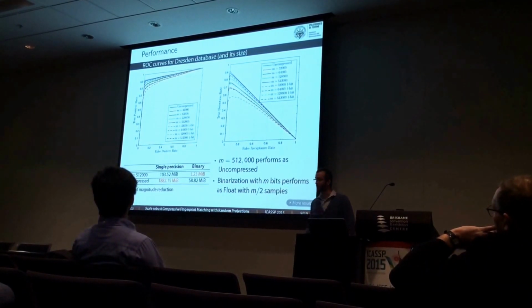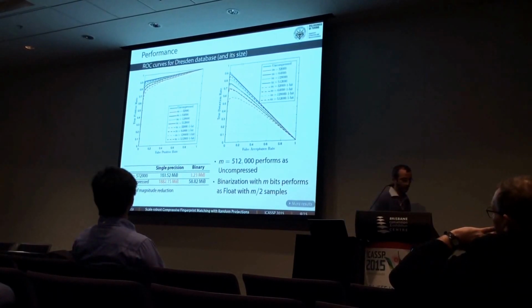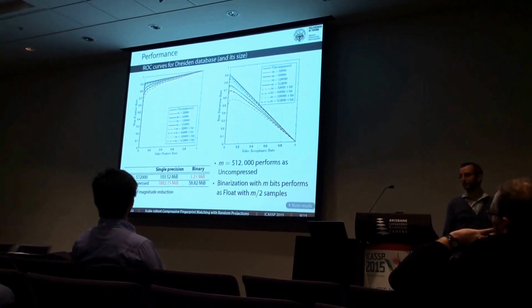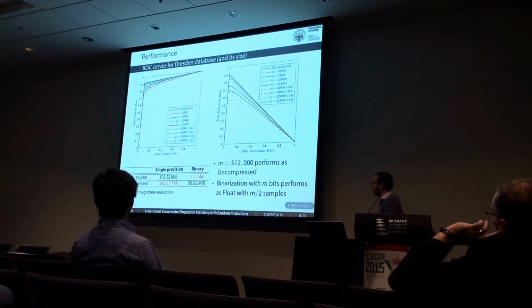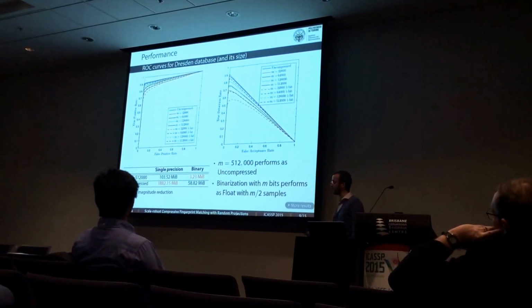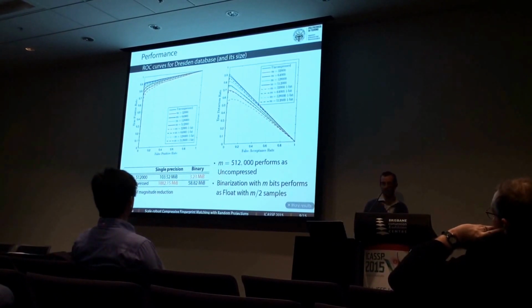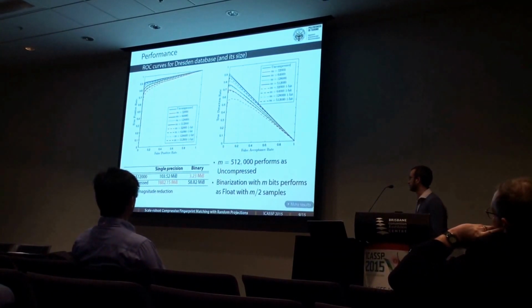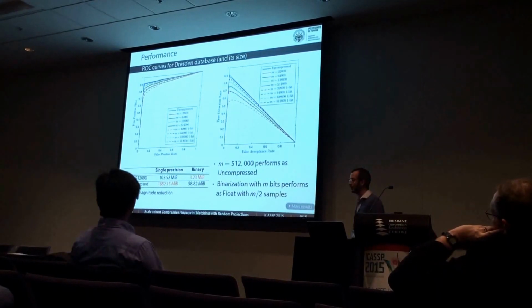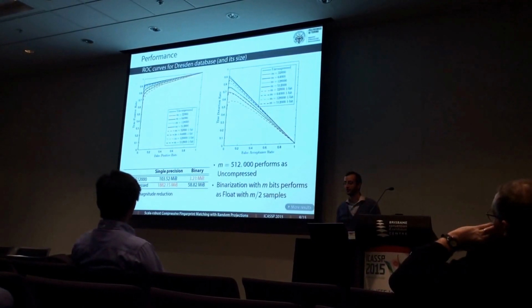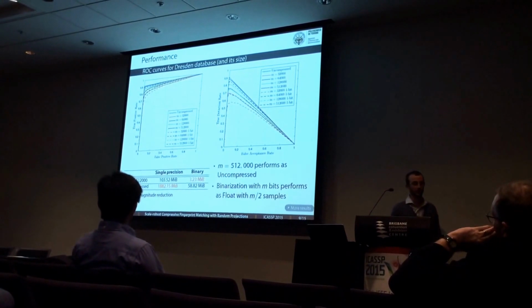Moreover, we can see that the binarization operation causes a penalty of half the measurements, which means that the binarized system using n bits per fingerprint performs the same as the floating point database system using n-half measurements.